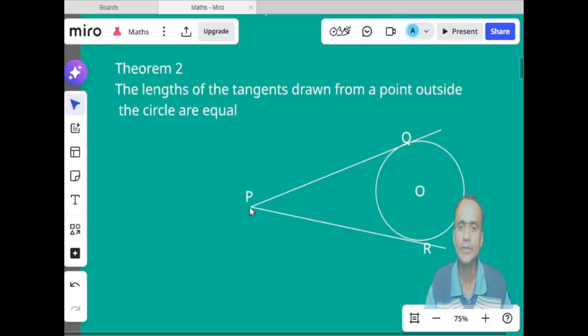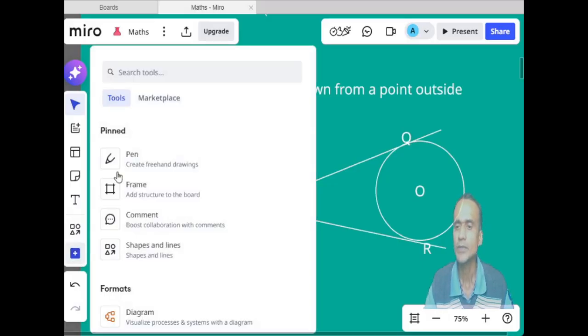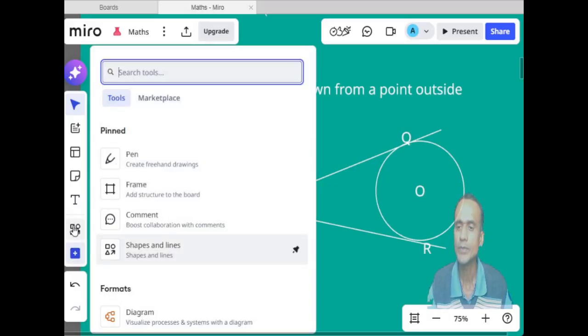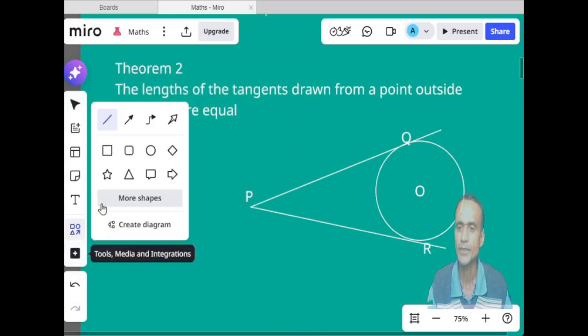So let us prove this. We have drawn from point P two tangents to the circle, PQ and PR. Now we have to prove that PQ and PR are equal in length. So we do some construction to prove this.